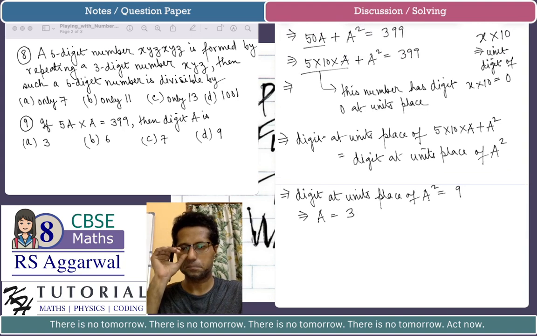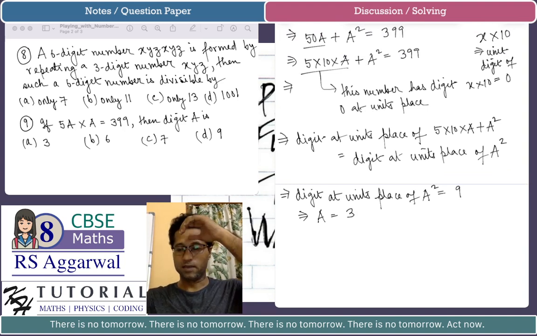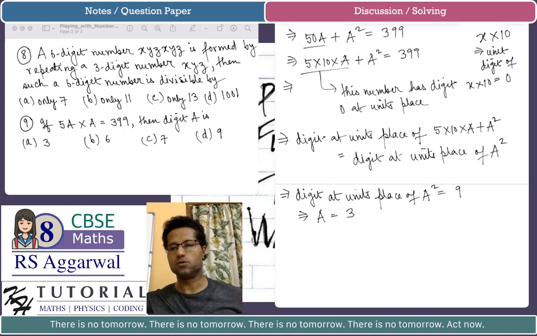In that case, the digit at the units place of a square can also be 9. Also if a is 3, 3 into 3 is 9. So the possible values of a are 3 and 7.